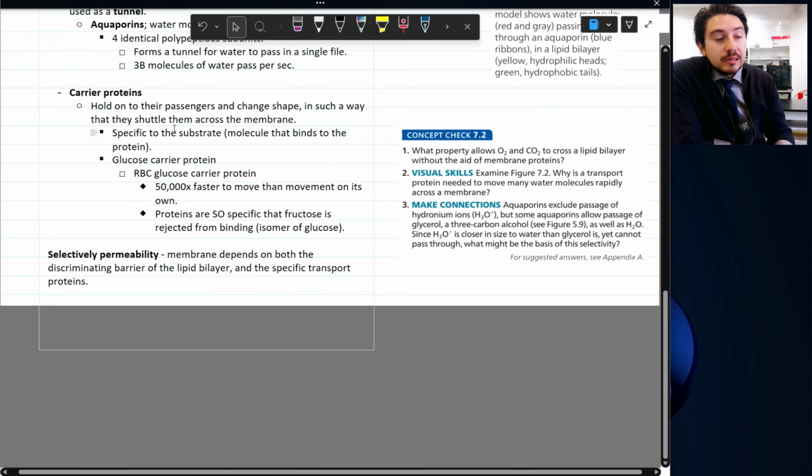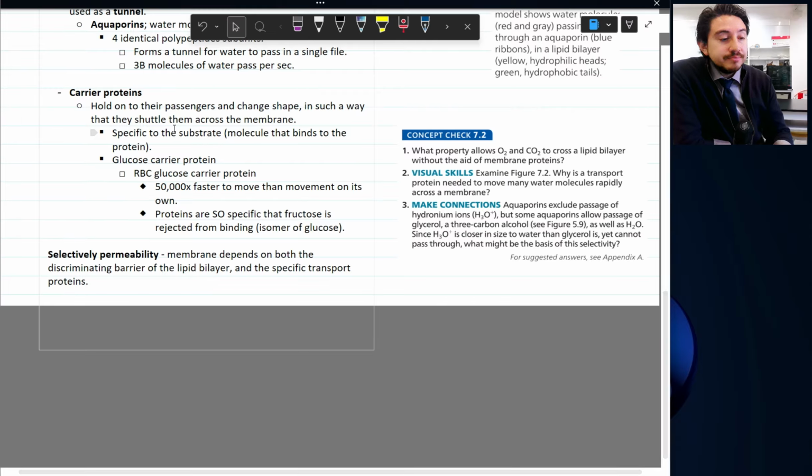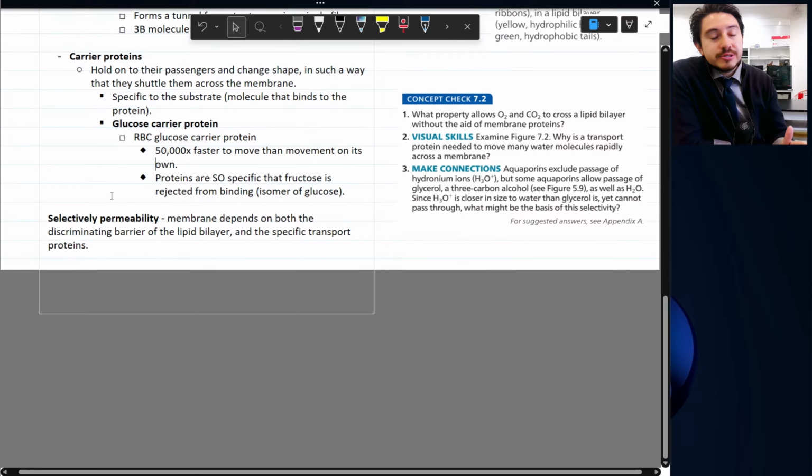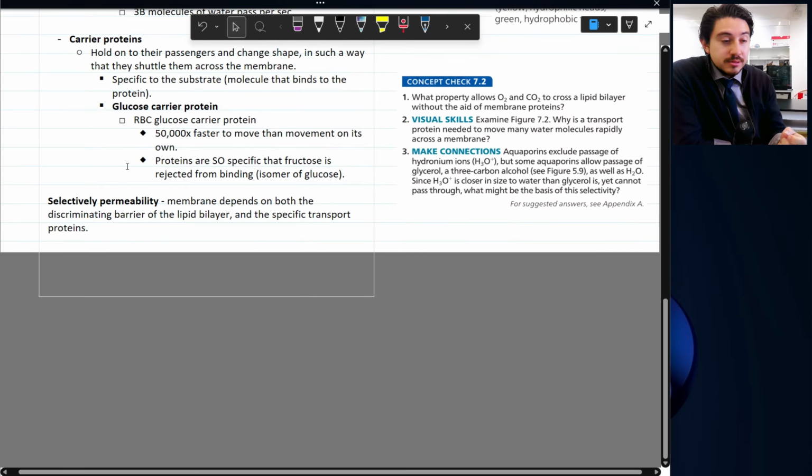For example, glucose carrier proteins in red blood cells, right? Glucose moves 50,000 times faster than on its own. Proteins are so specific that glucose can bind to this particular carrier protein, but fructose cannot. And fructose is just an isomer, having the same chemical formula but a different structure, and it cannot bind.